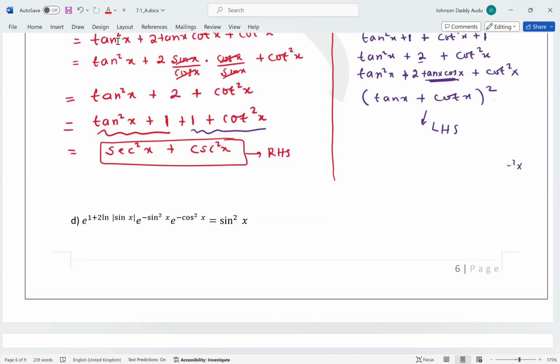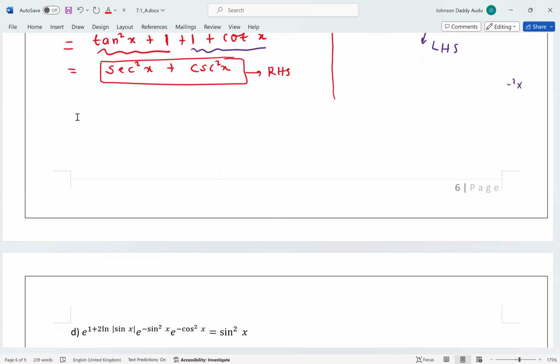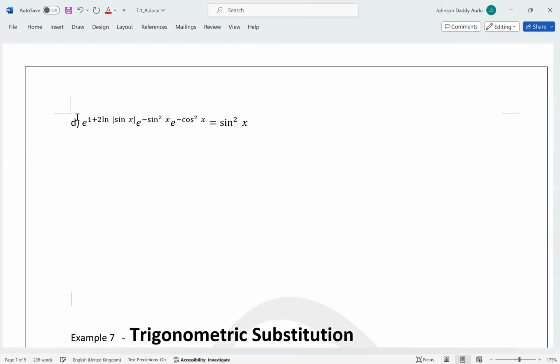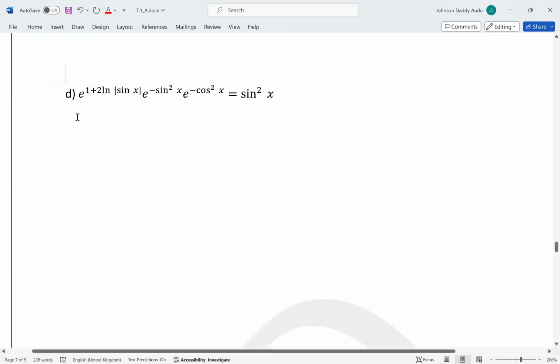All right, now let's see another interesting one here. If you look at this one, clearly, what do you need to do?